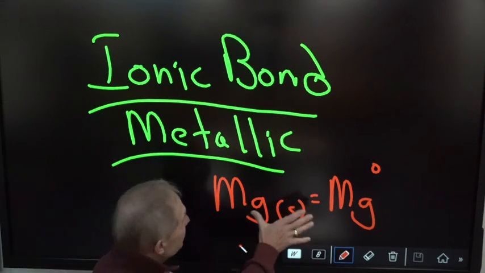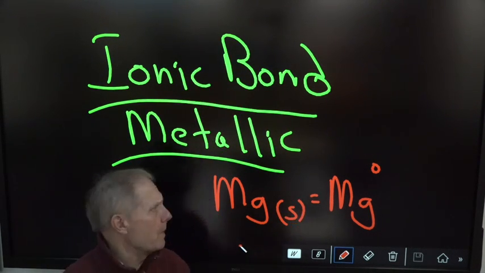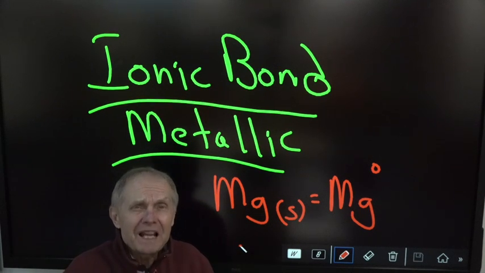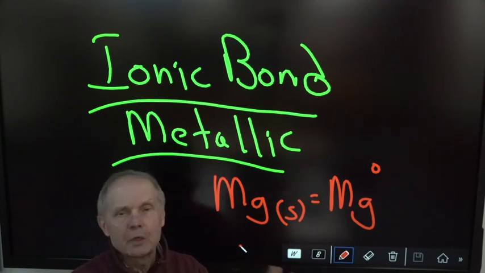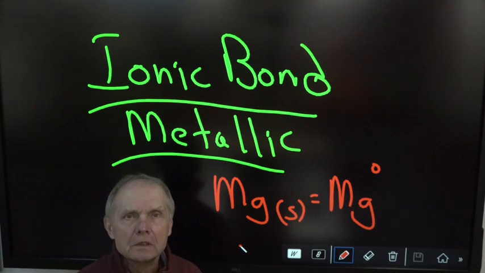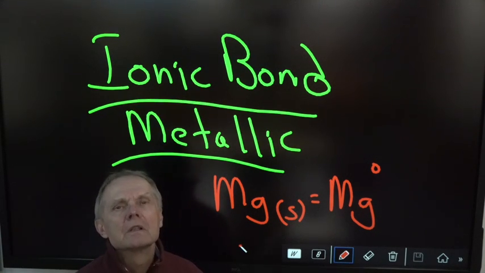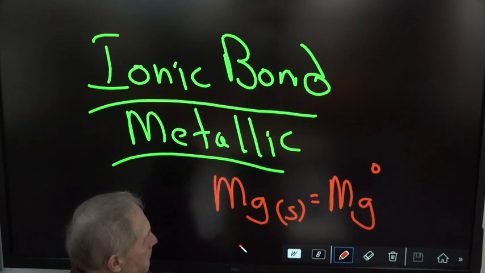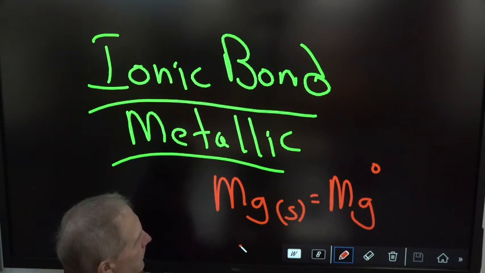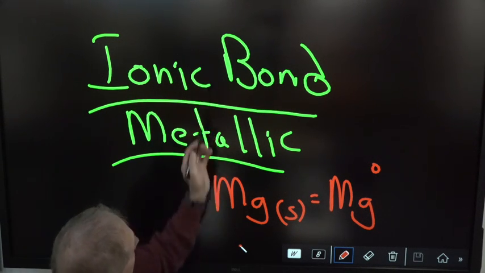So that's it. This is a metallic bond. The only thing you have to know about a metallic bond is that it has free electrons. The free electrons are moving throughout the crystal, throughout the fixed crystal. So that's ionic and metallic.